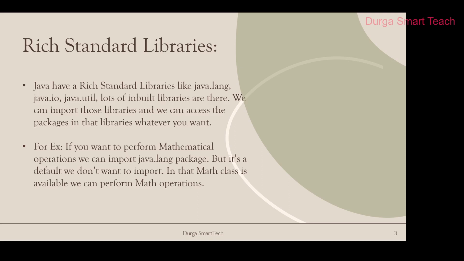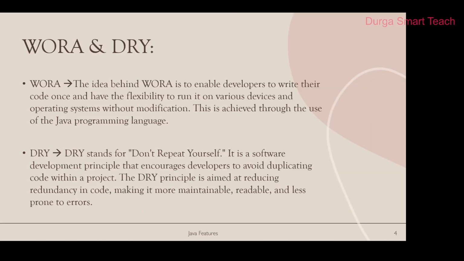But by default, these are inside the Math class, so that we can perform the mathematical operations without importing any package. That is the main advantage of Java. It contains classes. Classes are nothing but a collection of variables and functions. Through classes we can access any variables or functions when we require.